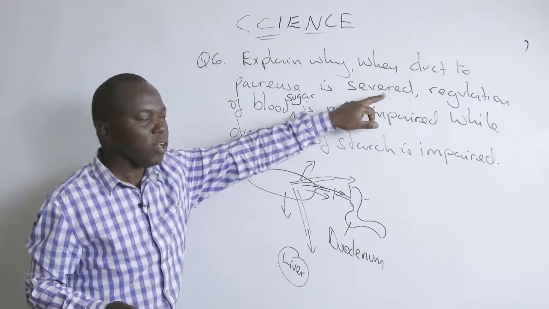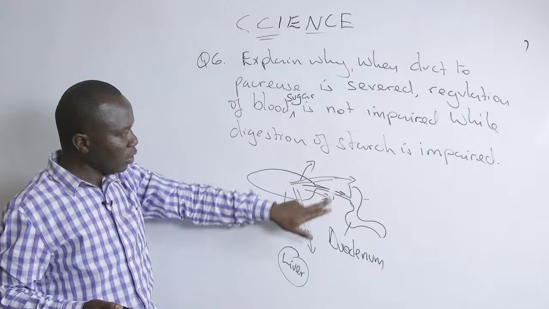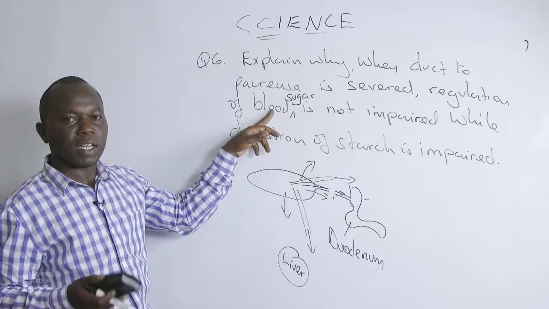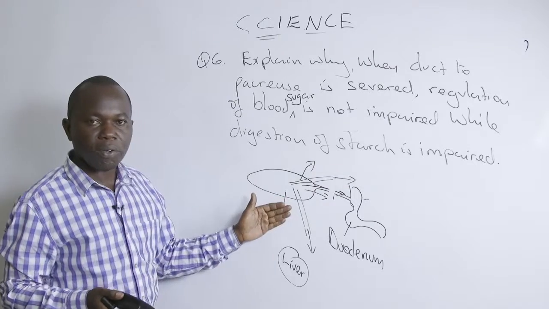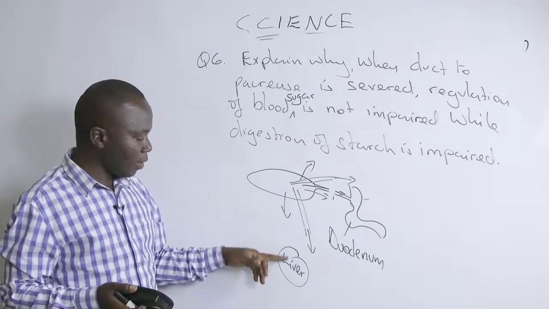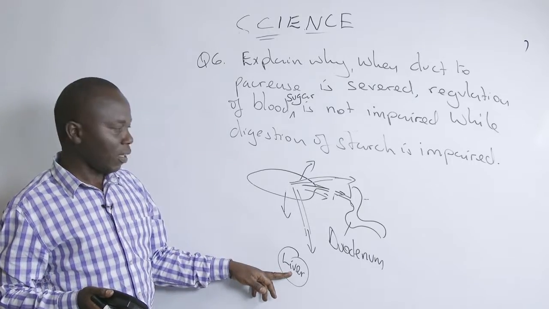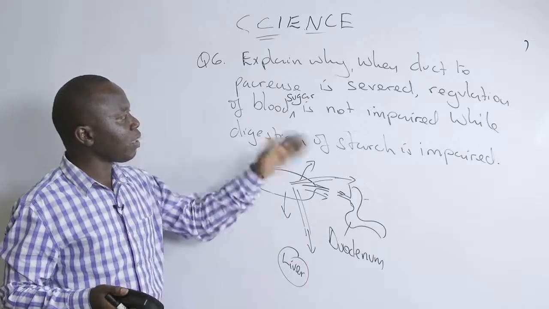So severing or cutting of the duct cannot interfere with regulation of blood sugar, since the hormones glucagon and insulin simply diffuse into blood and are transported to the liver. So they don't need this duct. Whether it is there or not, it doesn't matter.